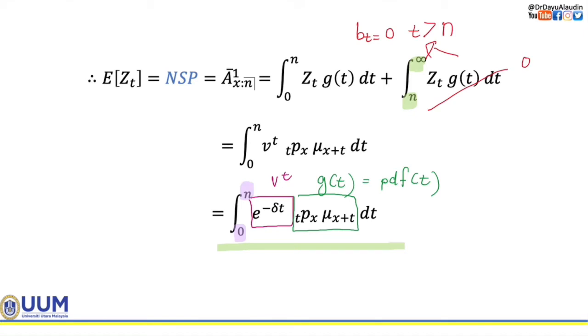This is how we write the notation. So big A with the bar represents the continuous case, X is the age, N is how many years for the term insurance, and 1 on the top of X for the term insurance.